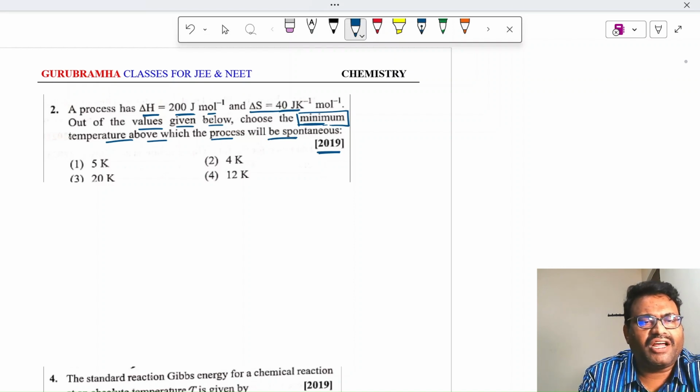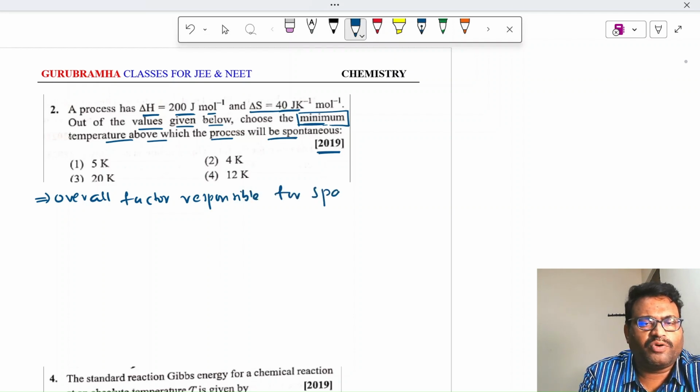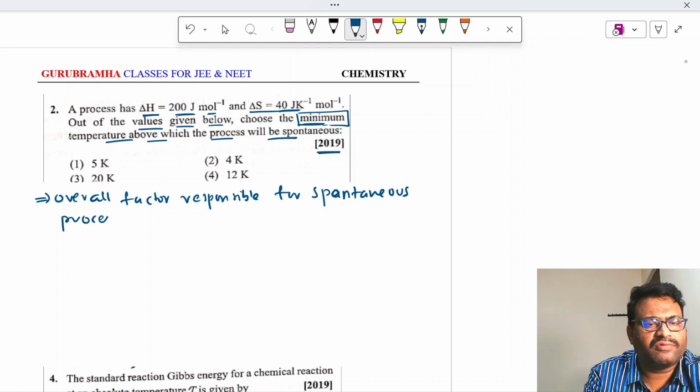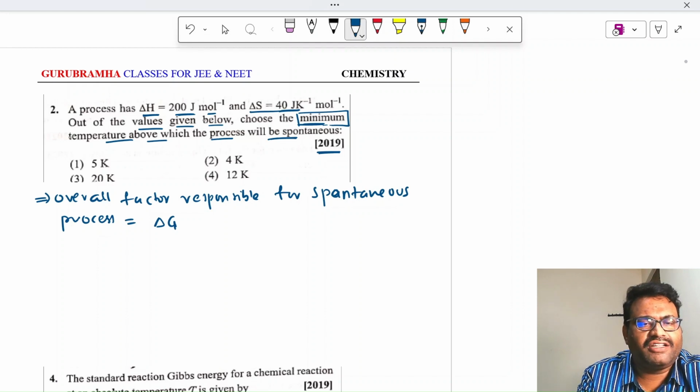So the overall factor responsible for the spontaneity of a reaction, what is that? Delta G. This delta G includes both factors which are responsible for the spontaneity of a process.